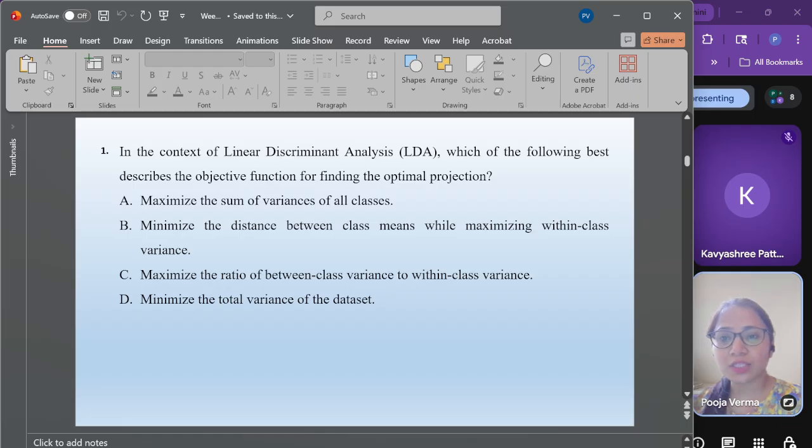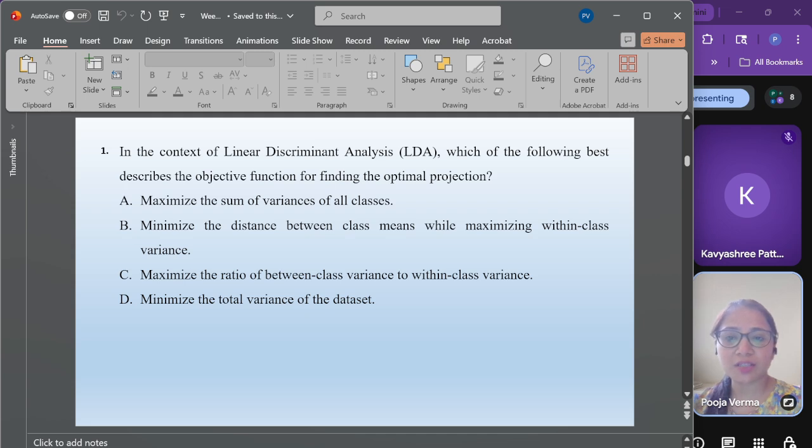In the context of linear discriminant analysis, LDA, which of the following best describes the objective function for finding the optimal projection? Option A, maximize the sum of variance of all classes. Option B, minimize the distance between the class means while maximizing within class variance.